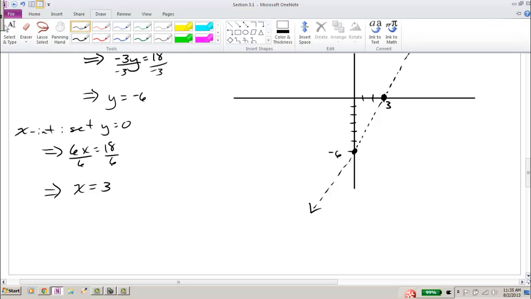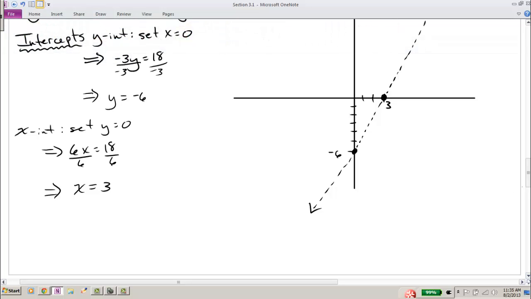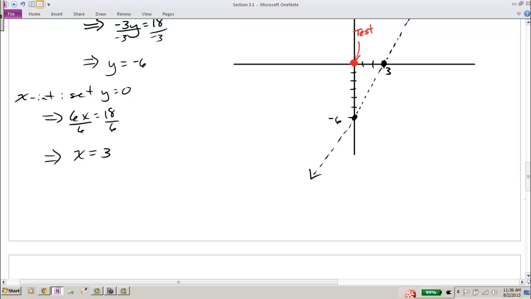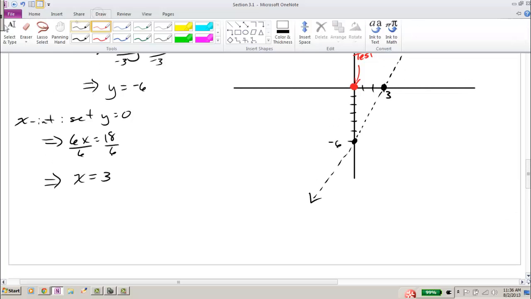And unless the line that we have actually goes through the origin, I always pick the origin to test because 0, 0 is really easy to plug in. So I'm going to test the point 0, 0.